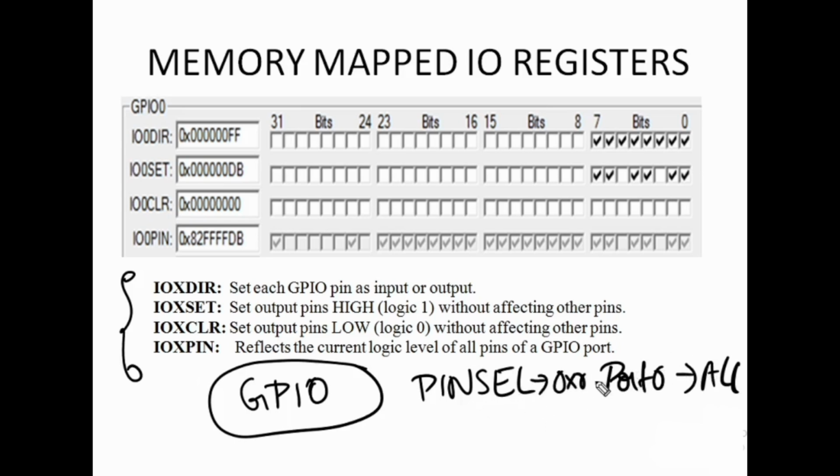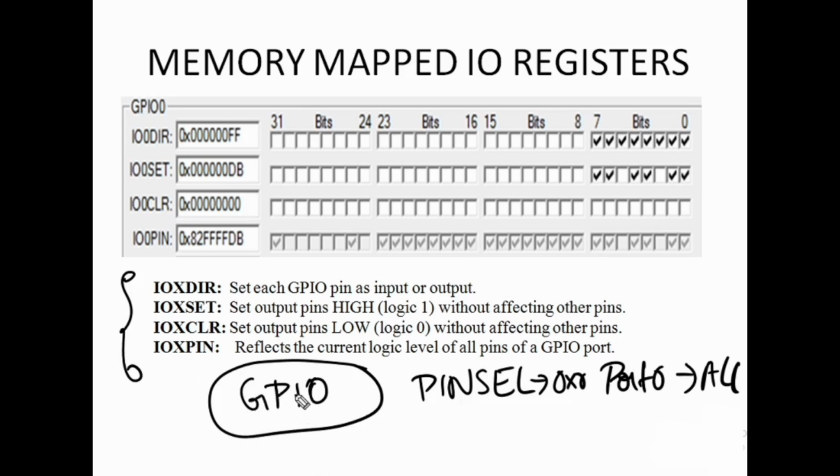Okay, then we can come here and check how exactly to set or clear the values of those pins. The first thing we have to do is set the direction. That is, when you call a pin a GPIO pin, it can act as input or output.